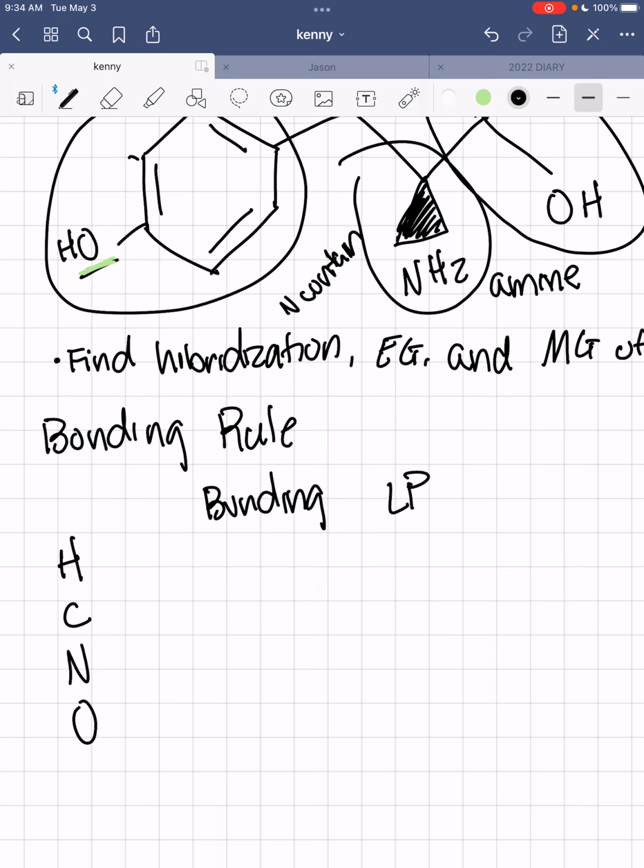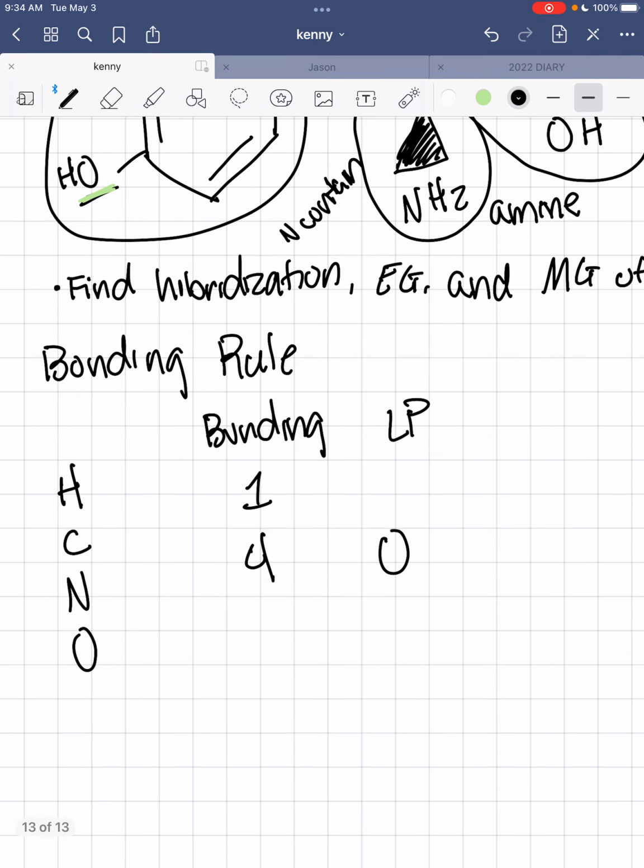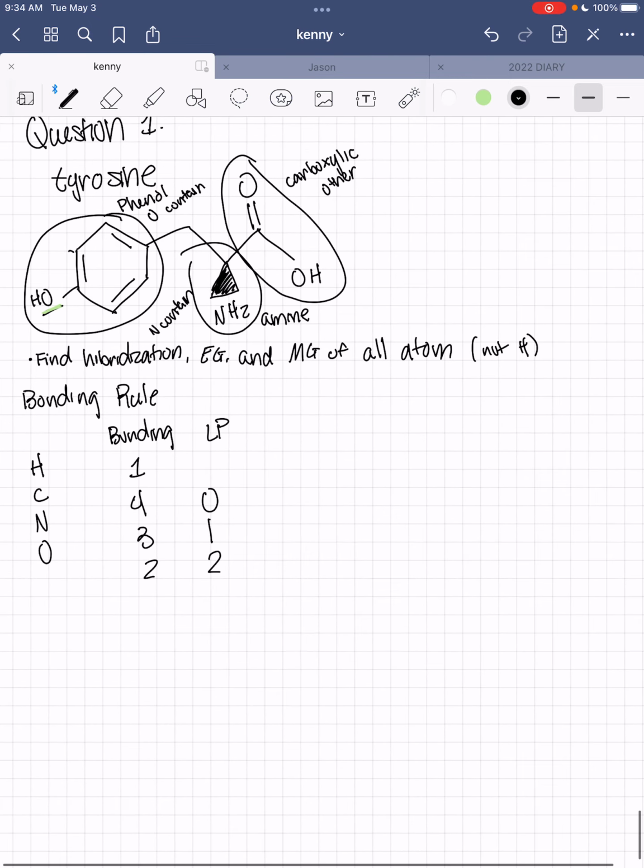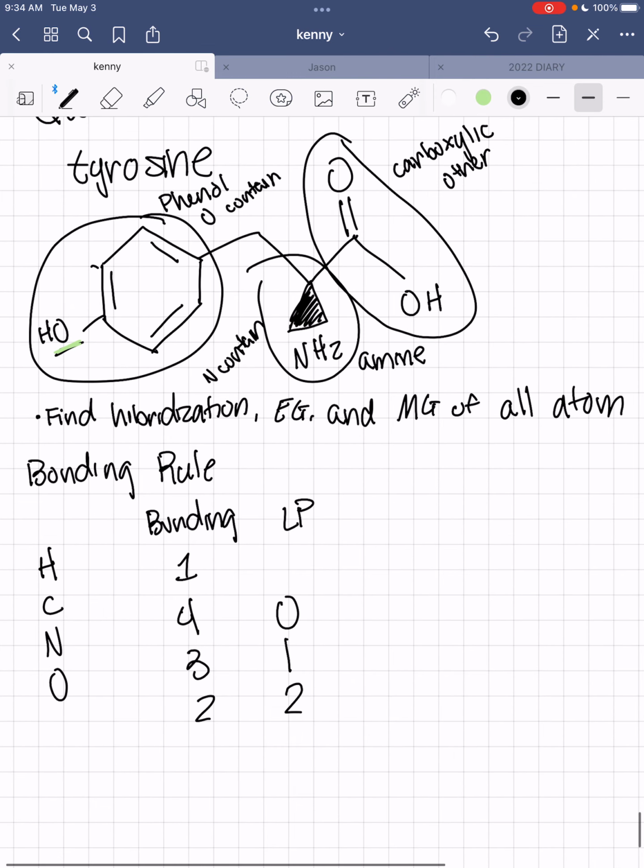Hydrogen only needs 1 bond. Carbon would be 4, in order to follow the octet rule. Then you can start finding the hybridization and electron geometry of all these.